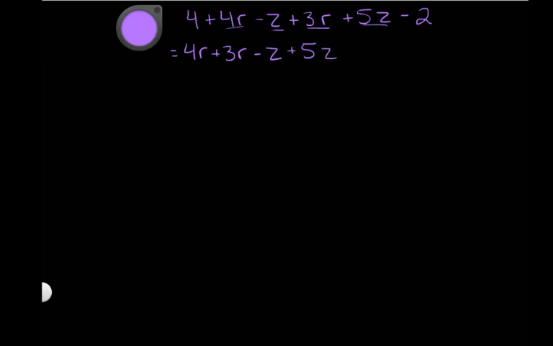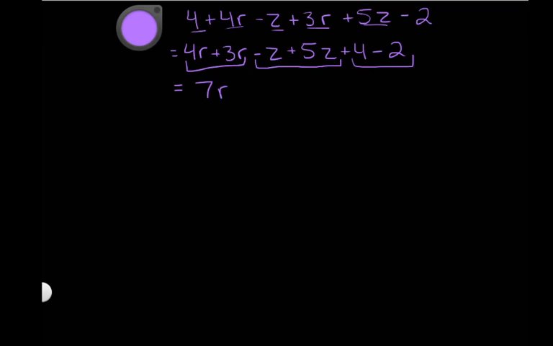And then I have my constants. I've got a 4 and a negative 2. So I have plus 4 and then minus 2. So now I've got all my terms in order. It's easier now for me to combine my like terms, right? So these are like terms, these are like terms, and these are like terms. So let's combine those like terms. So 4r plus 3r is going to be 7r.